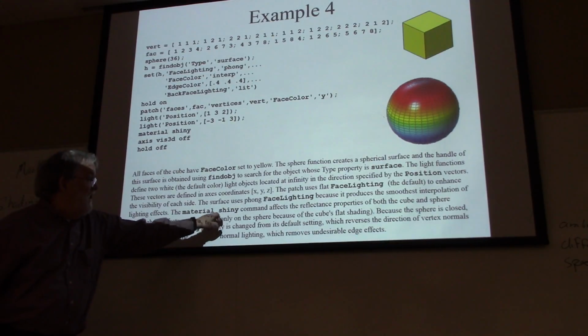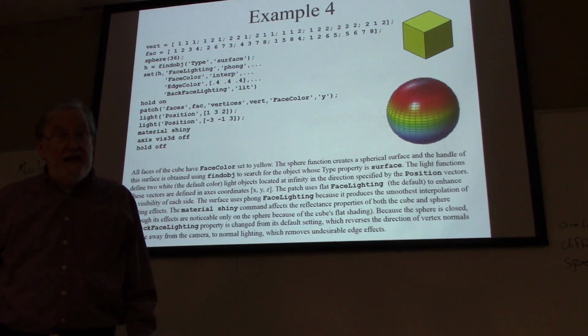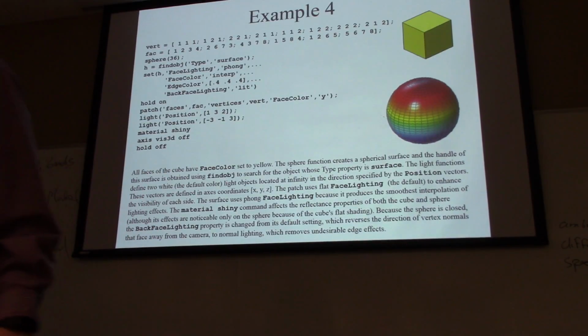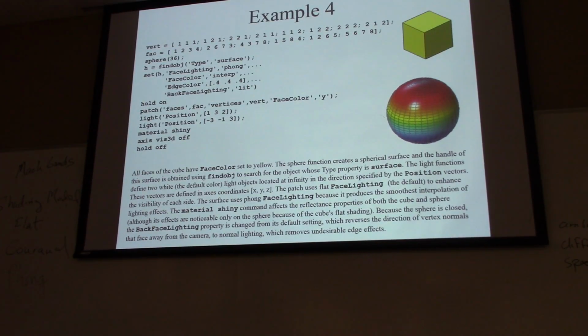Okay, and we're specifying the material as being shiny. So that's going to pick some characteristic reflectance values that MATLAB feels is appropriate for shiny surfaces.